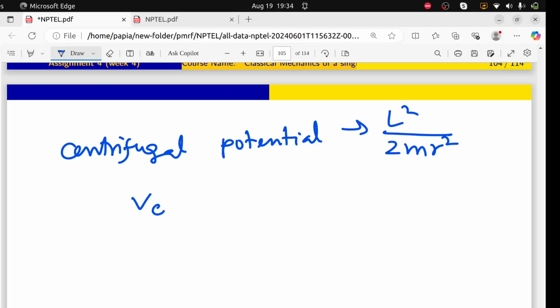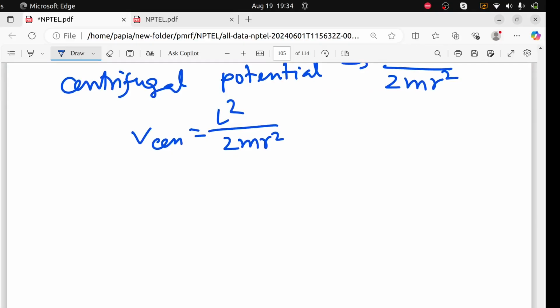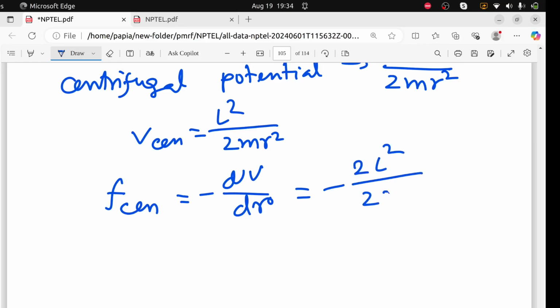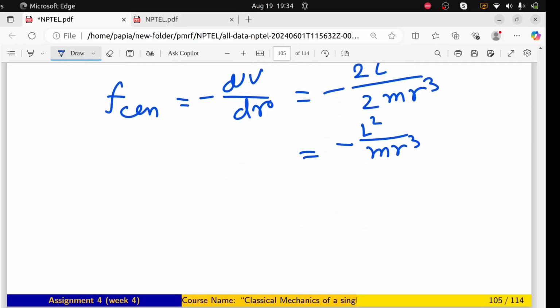So V cen is L square by 2m r square. Now you can see here F cen is minus dV by dr. So it is like minus 2L square by 2m r cube. Okay, so it is minus L square by m r cube. Now the central force, what was that?